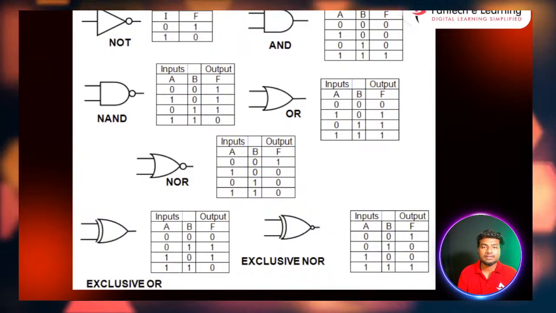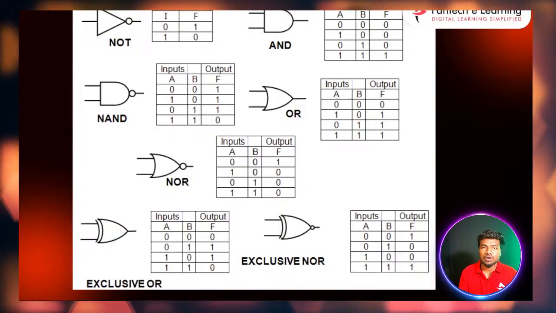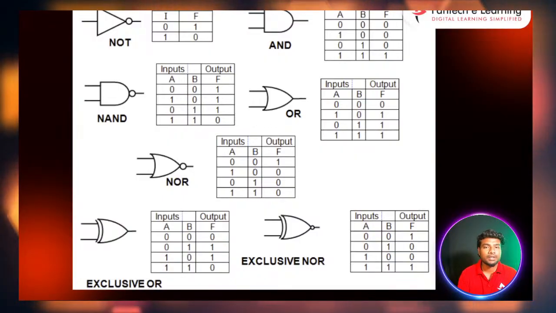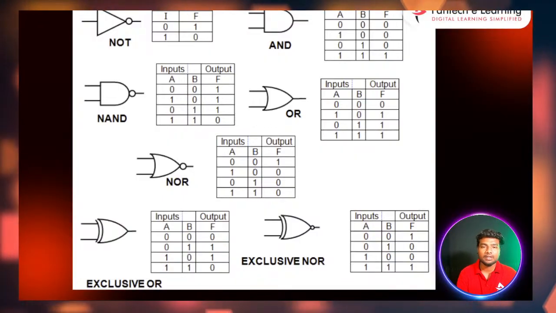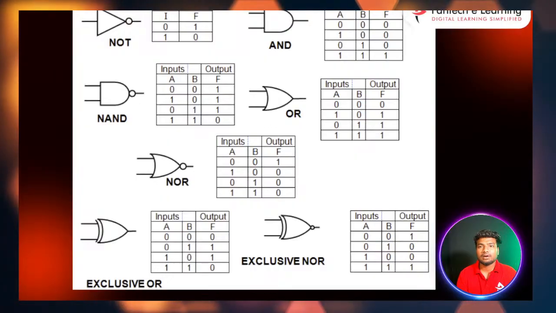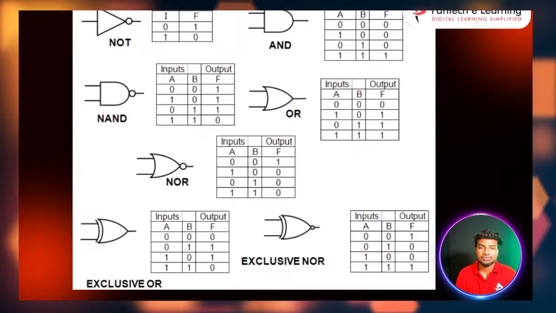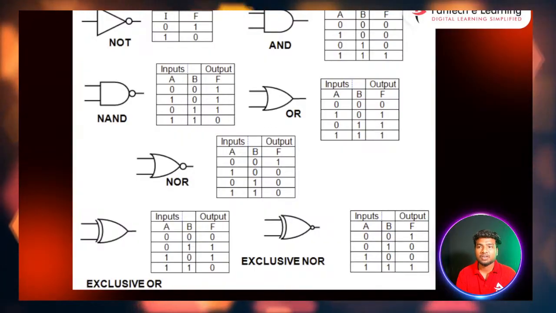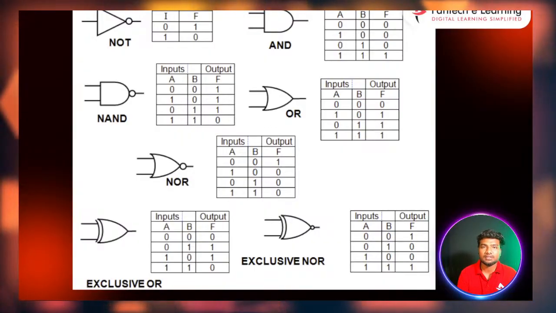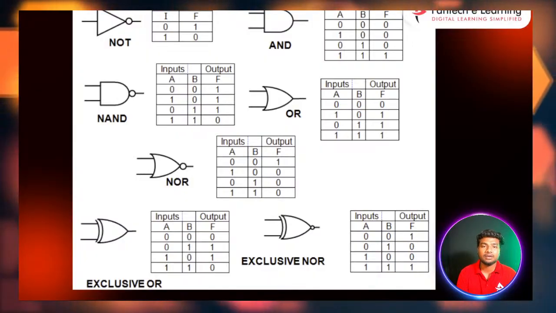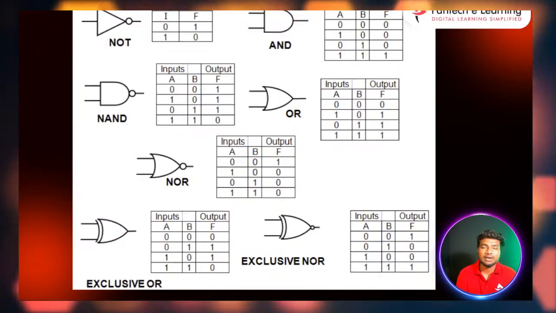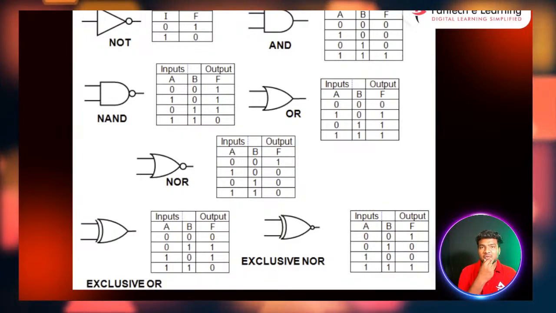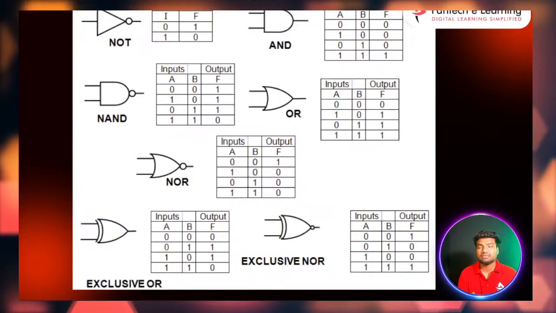Only if you have both keys can you open the room, otherwise you can't. They will ask what the gate is and what its functionality is. So the door works based on some gate operation. They compare with real-time examples and then ask questions. Okay, AND gate is the correct answer for that question.